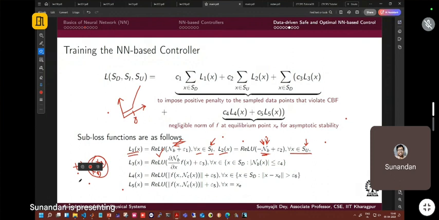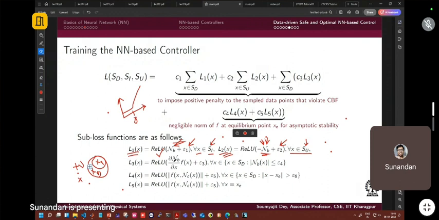It should be positive outside. So it should be increasing. That is what we are taking care of here. And it should not be going to unsafe regions. That is why whenever it is going to unsafe regions, we are imposing more and more loss.